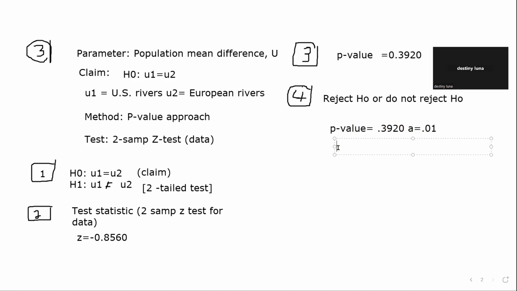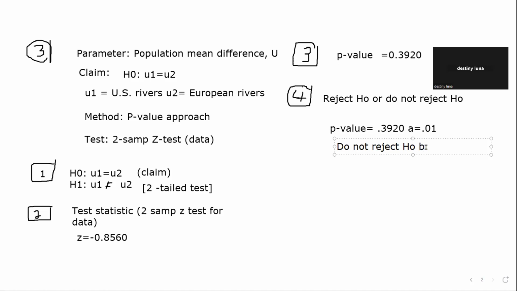So I'll say do not reject H0 because p is greater than alpha.